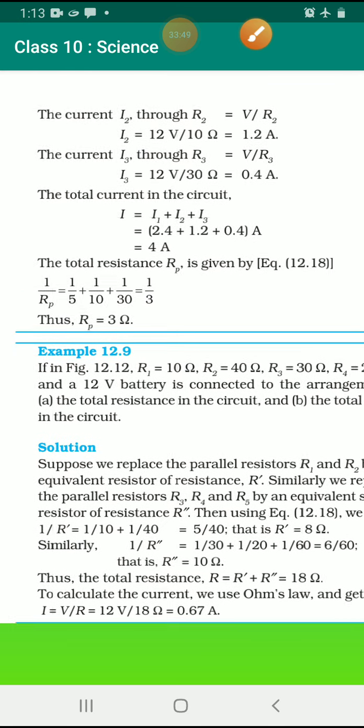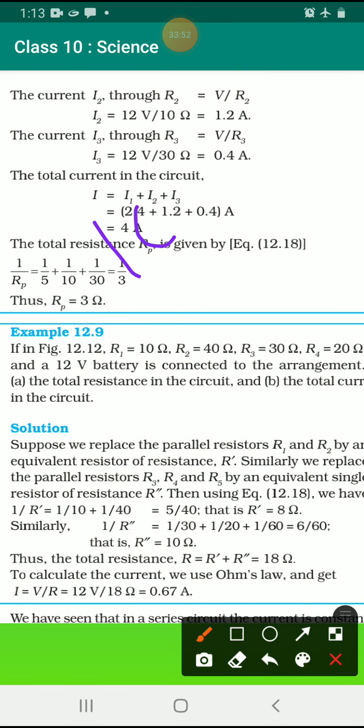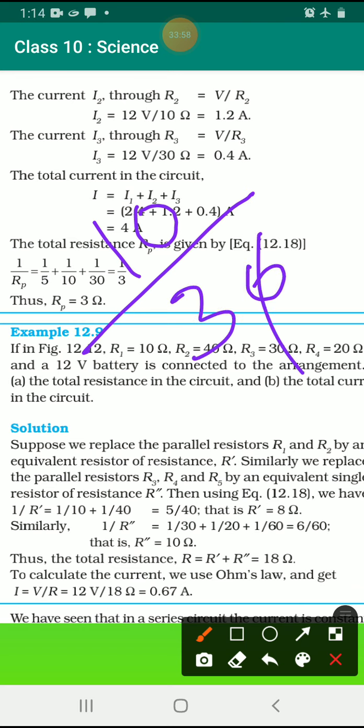So 10 divided by the LCM 30. The 10 and 30 cancel, or you can say 10 ones are 10, 10 threes are 30. So the answer we got is 1 by 3, for the parallel combination.